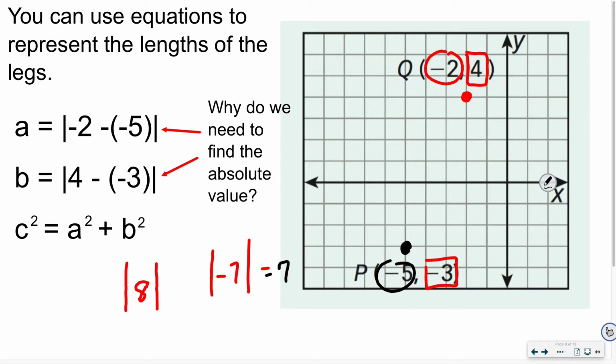It's +8. Why is it +8? Because when we find the absolute value, we are finding the distance between that number and 0. The distance between whatever value we have and 0. Why is that always positive?